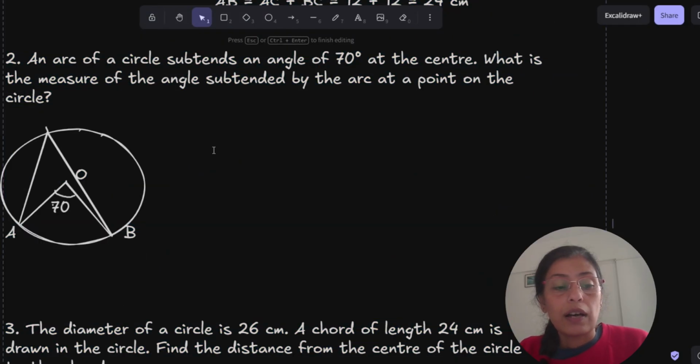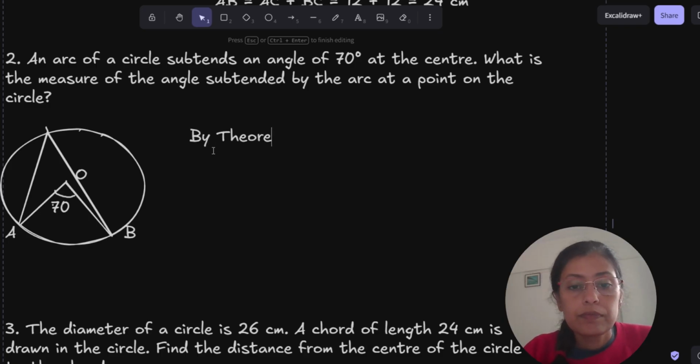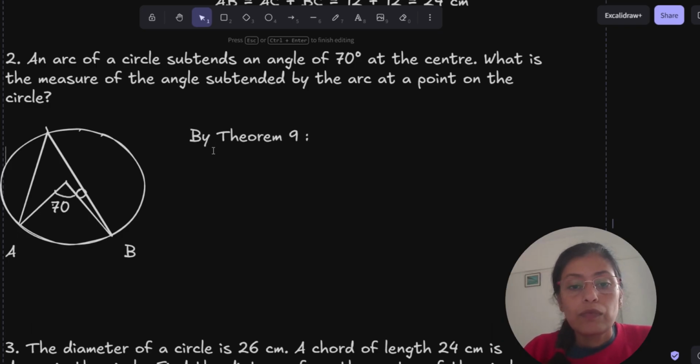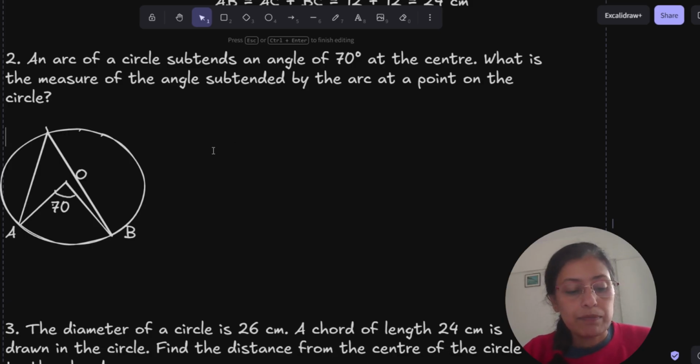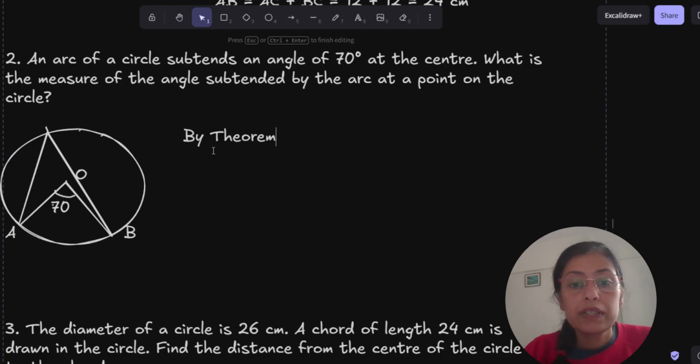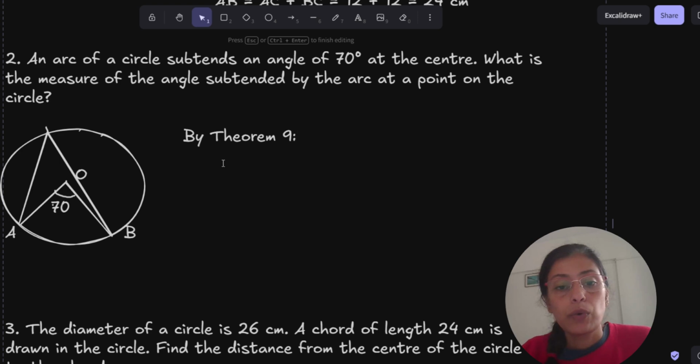So I will simply write, okay, I have simply written this, but in your exam, you need to remember the theorem and you need to state the theorem, okay, so that after that only you should proceed.